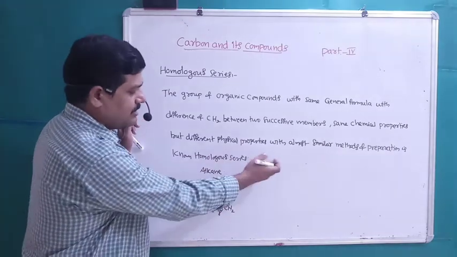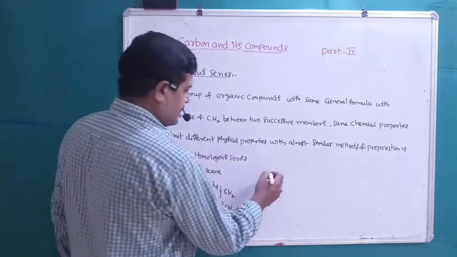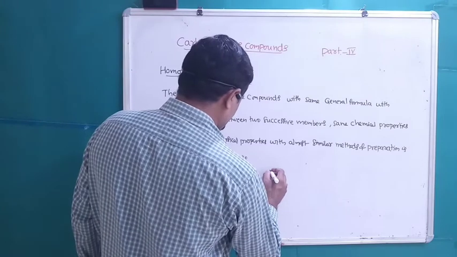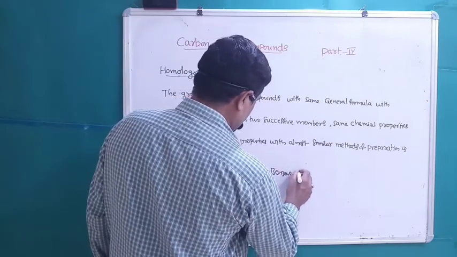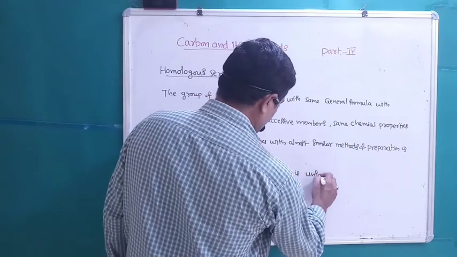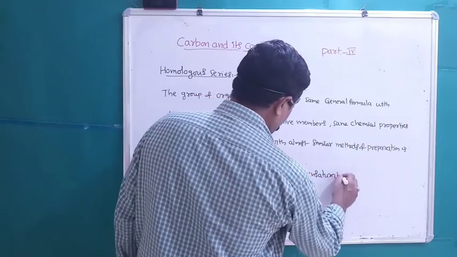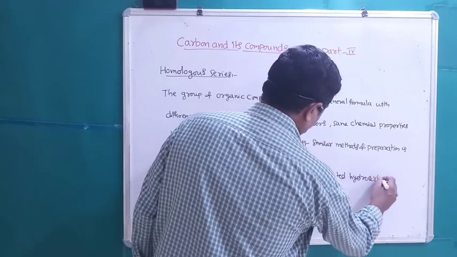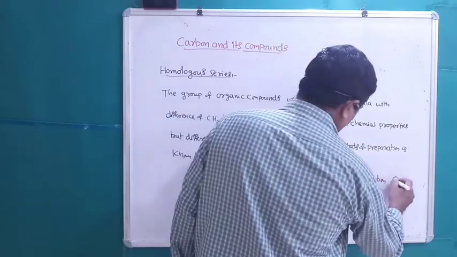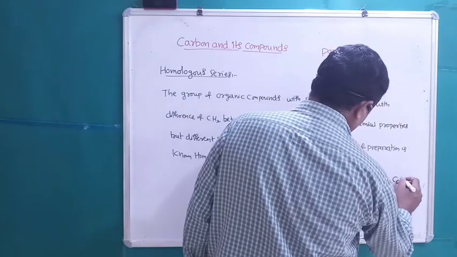Students, in the unsaturated compounds, we can also take benzene as an example. Benzene is an unsaturated hydrocarbon. Its molecular formula is C6H6.